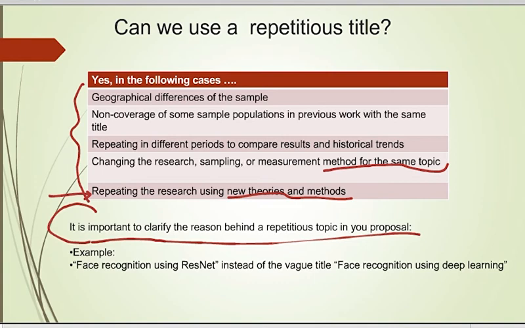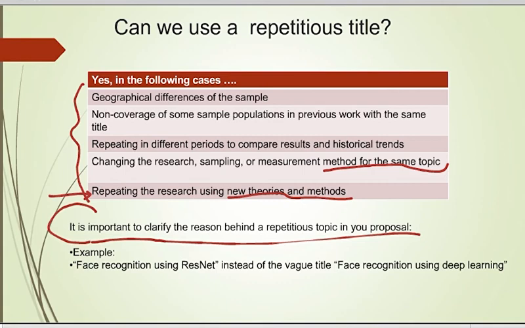And this sentence is important. If you have a generic title, a repetitious title that many people use, or it's close to other people's title, it is important to clarify the reason. And the reason could be one of these 5.